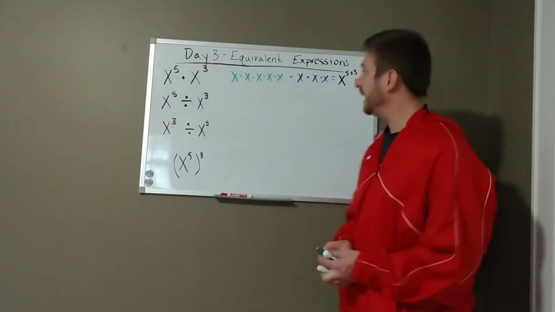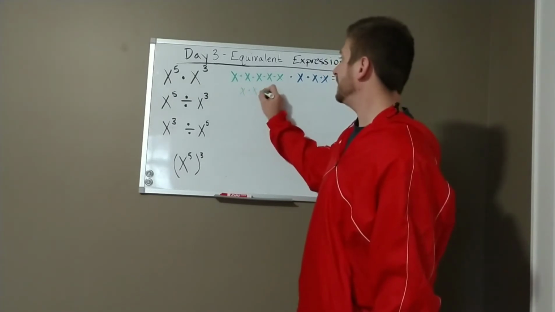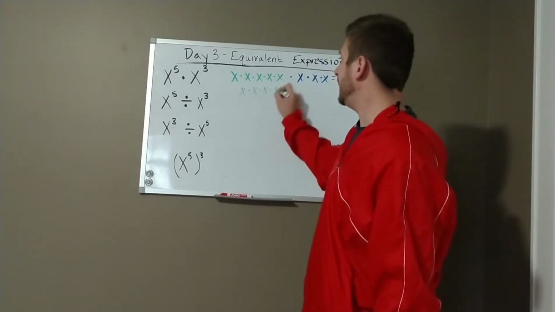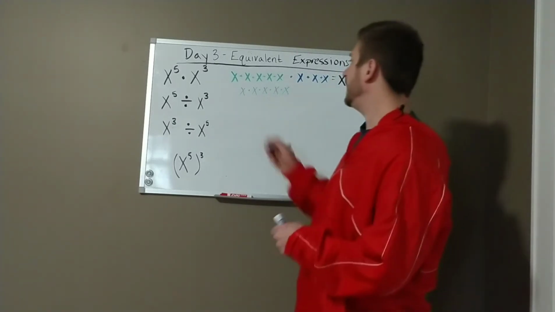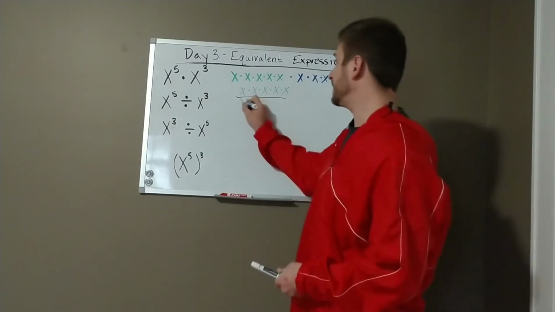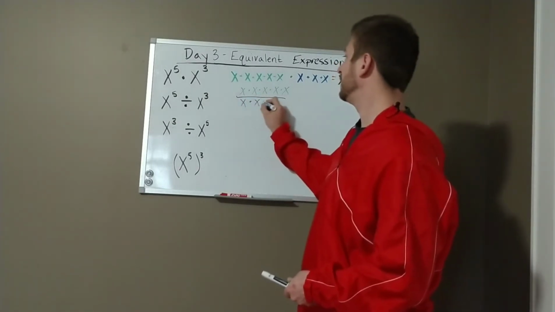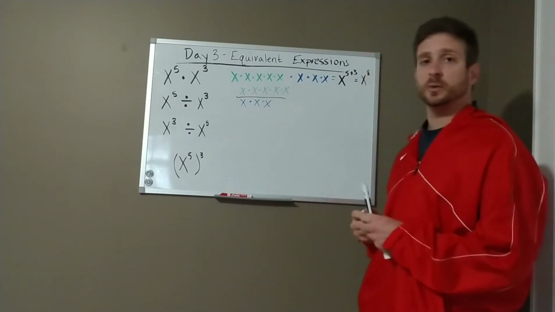When we do division, x to the 5th, again, is x times x times x times x times x over x to the 3rd power, which is x times x times x. When we divide these, we're going to cancel.